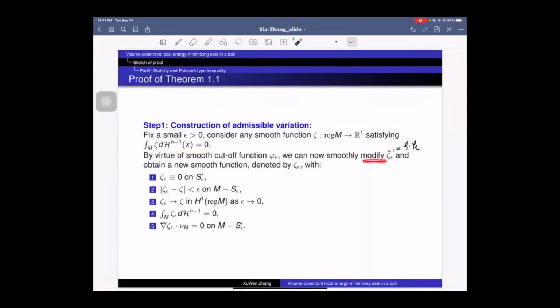Then we modify this smooth function to have a new smooth function theta epsilon, which satisfies these properties.